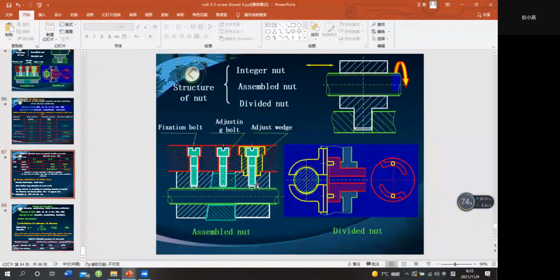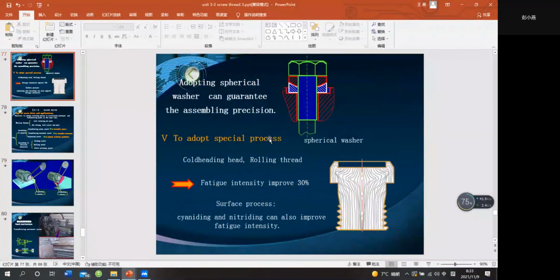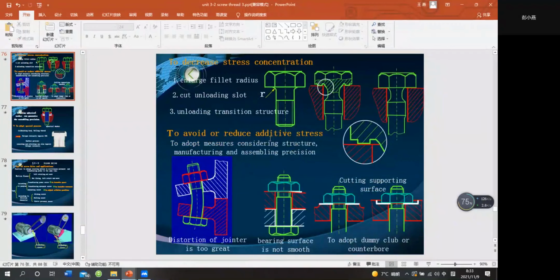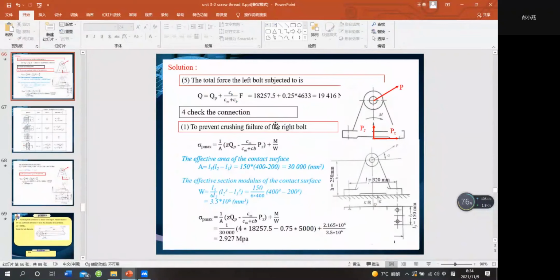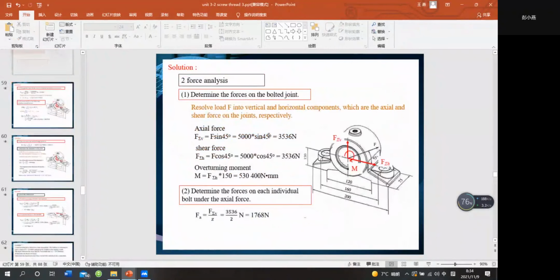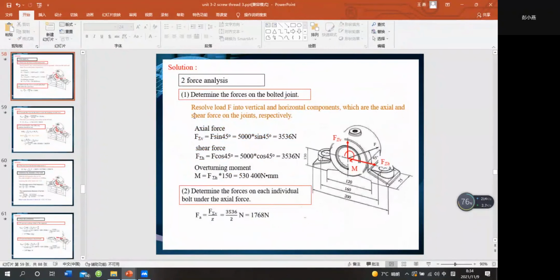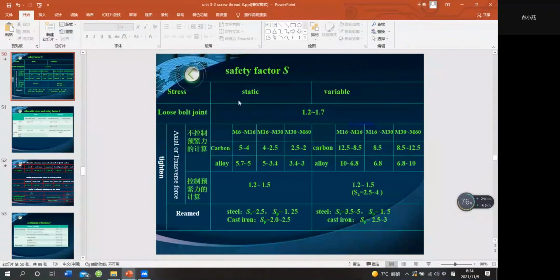So this is all about the screw joint and screw drive, and you should focus on the screw joints, and you should know the types of screw of bolt joints, and you should master the strength and force analysis for the bolt and the bolt group.